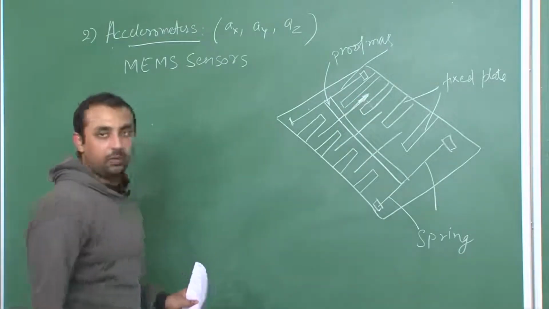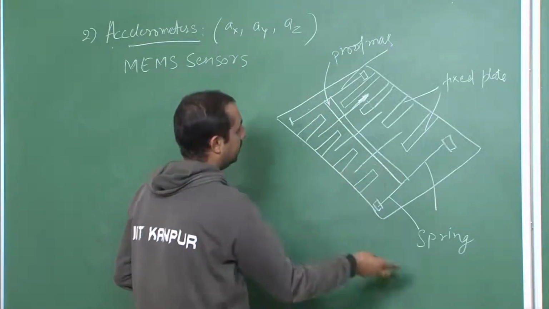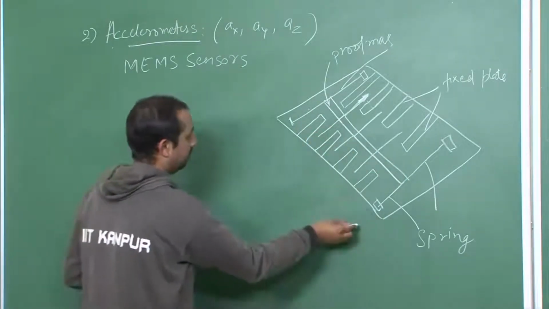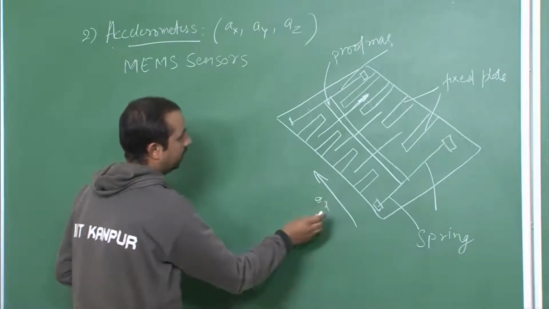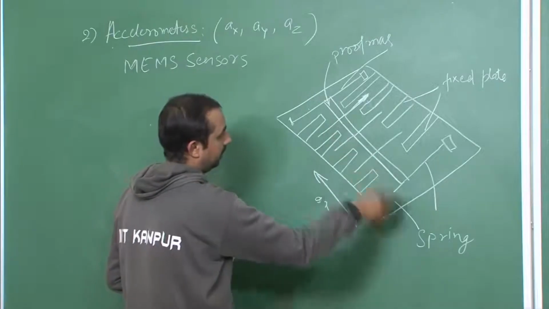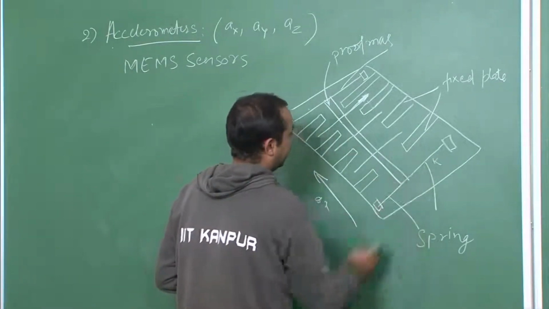Now, when the body is in acceleration, this proof mass oscillates. Suppose the acceleration is experienced in this particular direction, your proof mass will oscillate in this particular direction. These are with spring constant K.